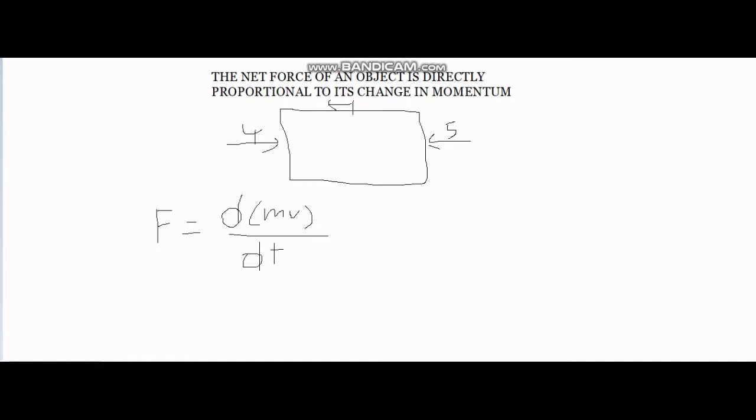So here we have it, and then using the product rule of differentiation, we can go ahead and split this up into m times dv/dt plus v times dm/dt.